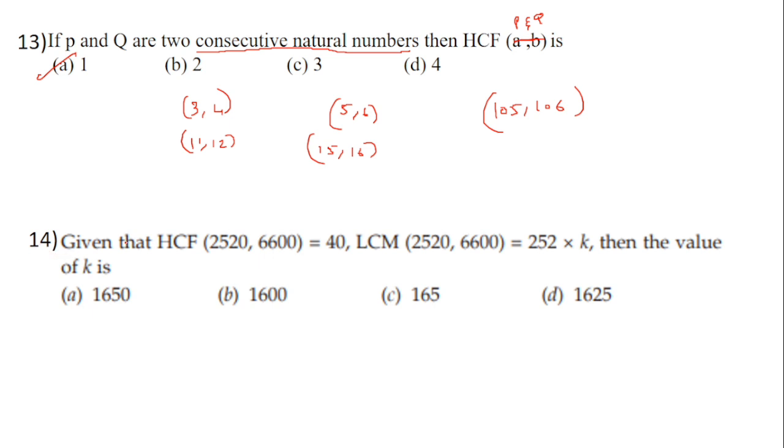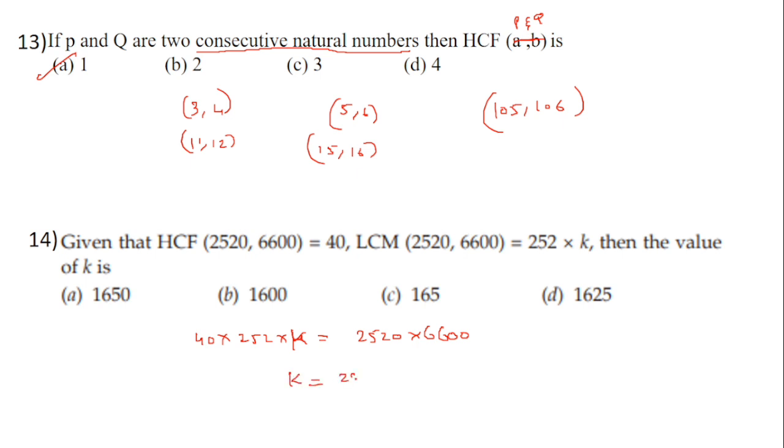Given that HCF is... I think we already did this question. Yeah, so once again we will recall it. We know that the product of two numbers is equal to the product of HCF and LCM. So HCF is 40 and LCM is 252 into K. Product of two numbers is 2520 into 6600.